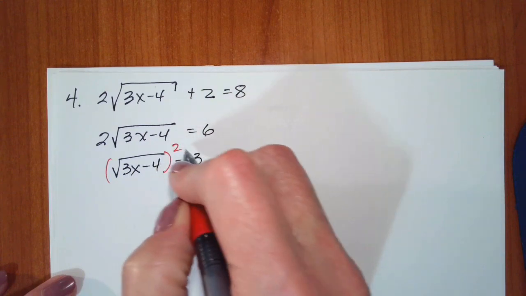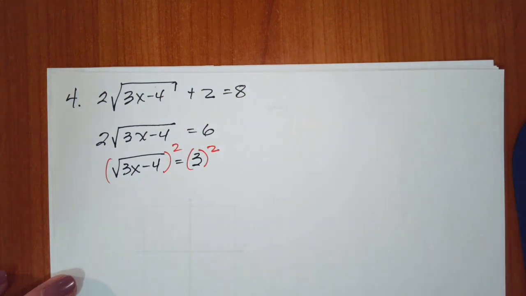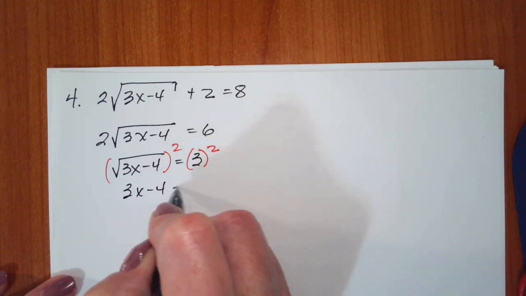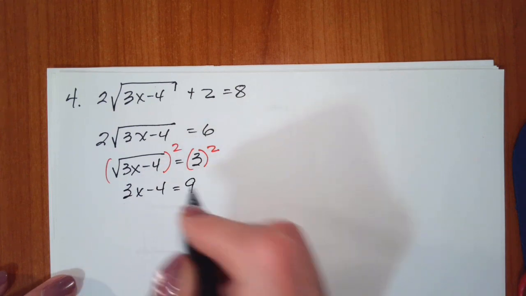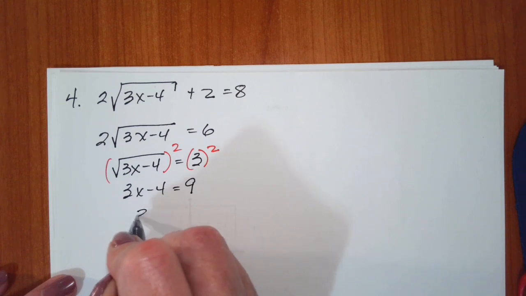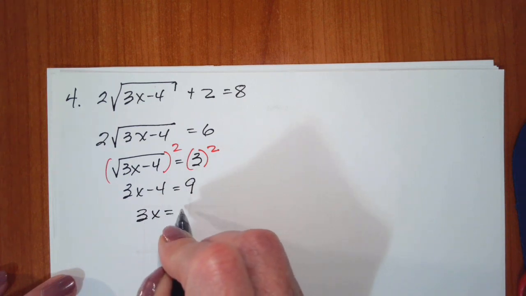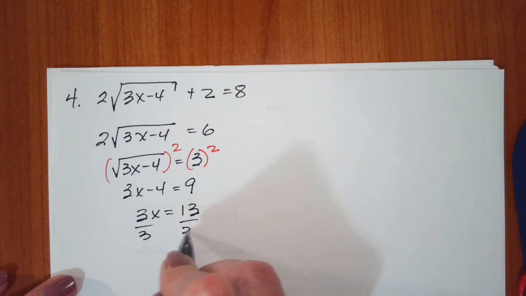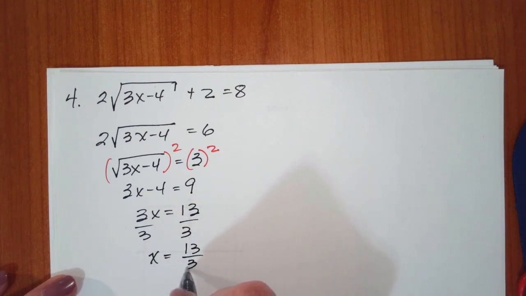The index is 2, which means I take both sides to the second power. I get 3x minus 4 is equal to 9. Add 4 to both sides, I get 3x equals 13. Divide by 3, and I get x is 13 over 3.